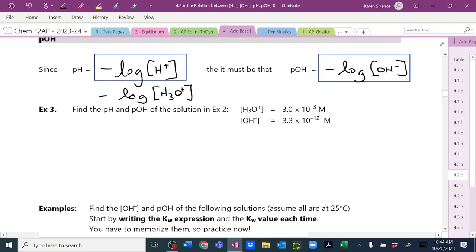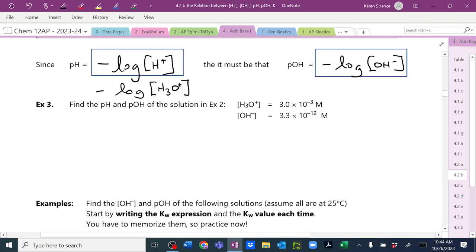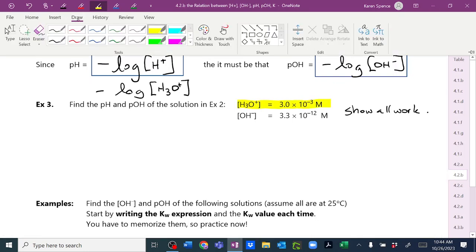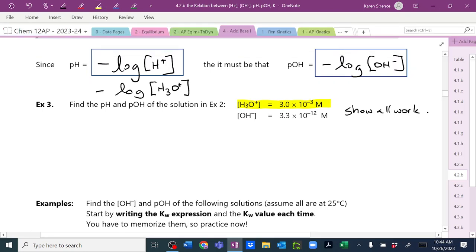I would like you to now practice showing all your work. Calculate the pH and the pOH for the example on our previous page, which had a hydronium ion concentration of 3 times 10 to the minus 3 and hydroxide of 3.3 times 10 to the minus 12. Try those.